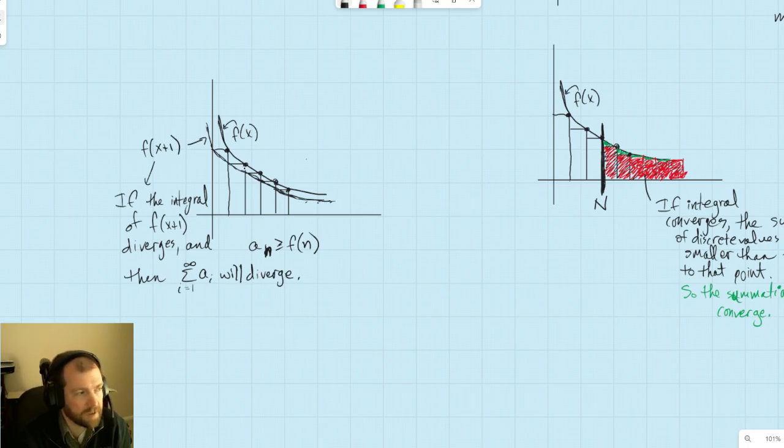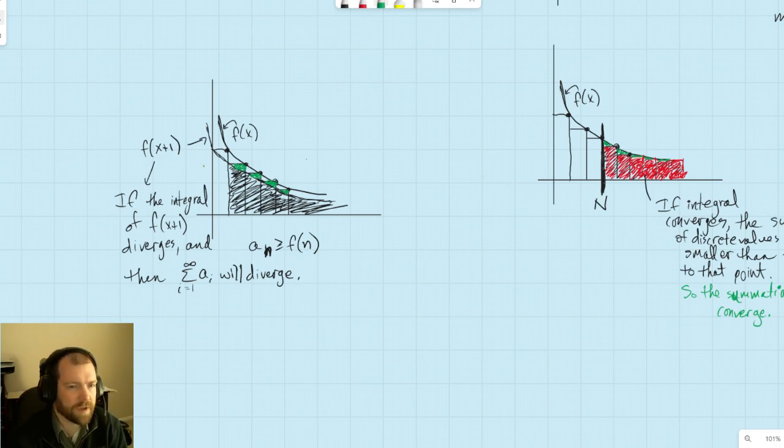Again, the reason is that here the integral is going to be all these values here, and then we're going to have all of these extra bits that our series has, which our function does not. And if f at x plus 1 diverges, then so does this series. But here's the other thing.